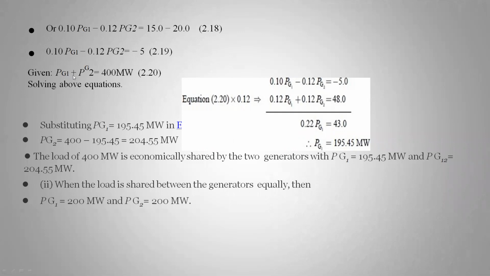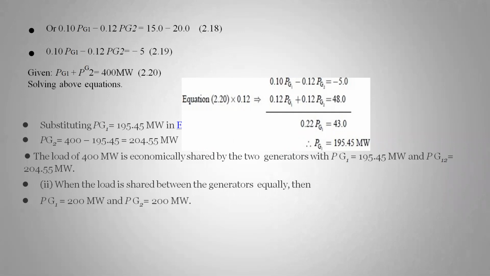The second equation is Pg1 plus Pg2 equal to 400 megawatt. Multiplying the second equation by 0.12, we get 0.12 Pg1 plus 0.12 Pg2 equal to 400 into 0.12, which is 48. So Pg1 is 195.45 megawatt.